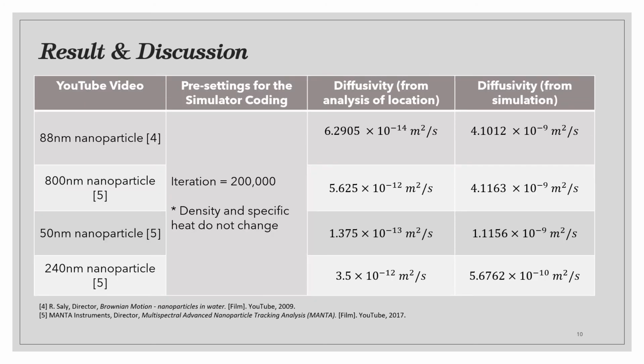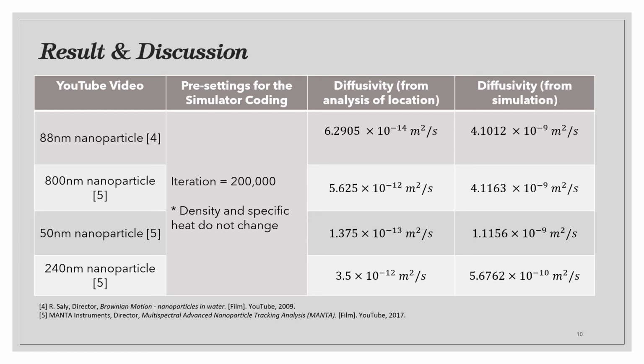For the video part, a total of 4 nanoparticles have been observed, which are 88 nanometer, 800 nanometer, 50 nanometer, and 240 nanometer nanoparticles. An important assumption is made before doing this analysis, which is that this video is believed not to be recorded under fast-forward condition, which might make the diffusivity results inaccurate.